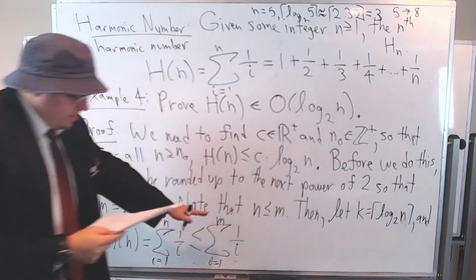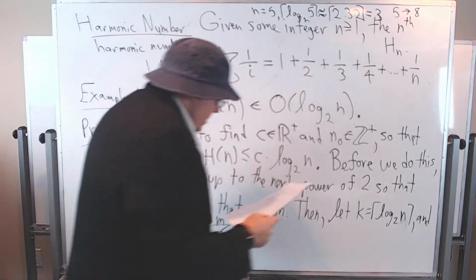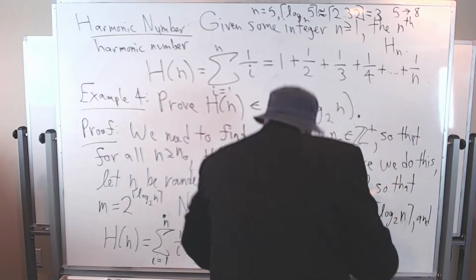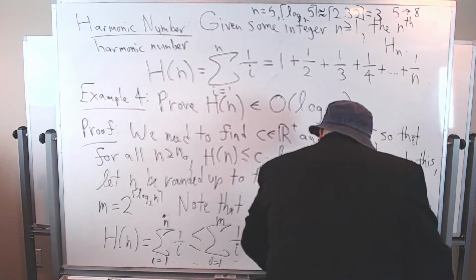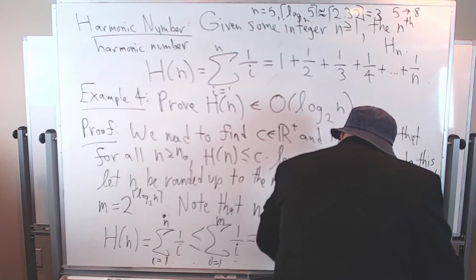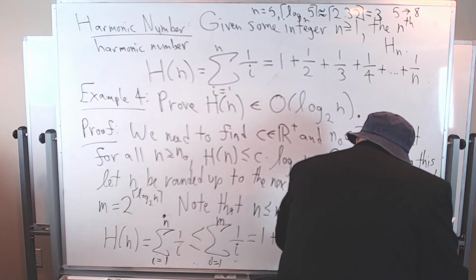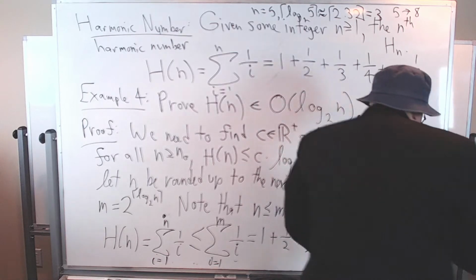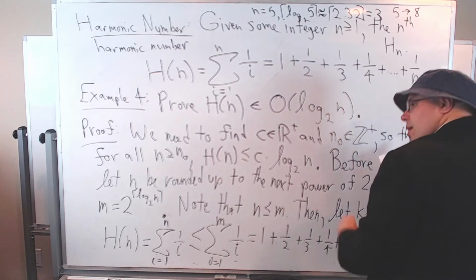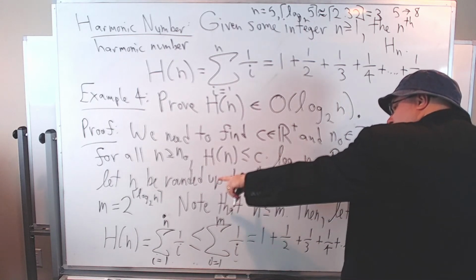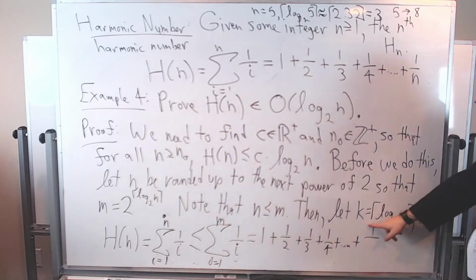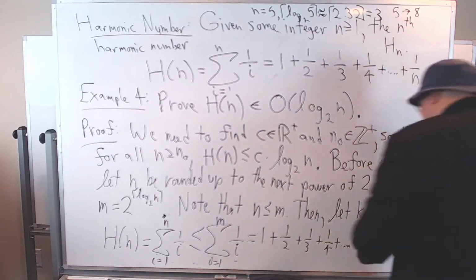So now I have this. I'm going to write it in terms of k: 1 plus 1/2 plus 1 over 3 plus 1 over 4 plus all the way up to 1 over, now I could write 1 over m, but what's m really? Remember, what's k? This. So it's 2 to the k.